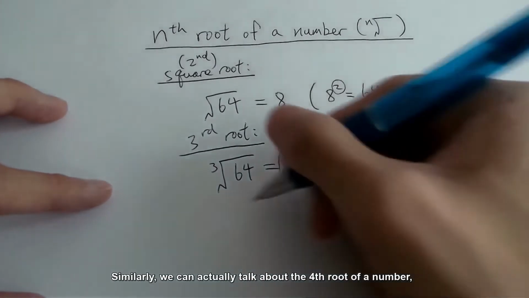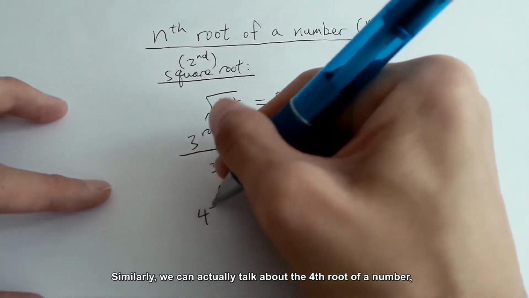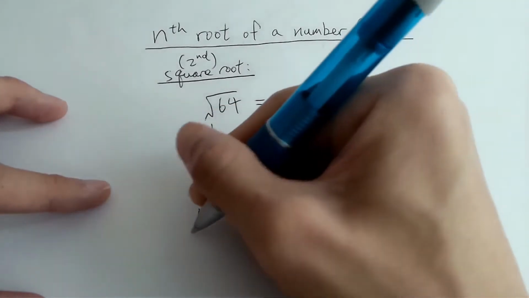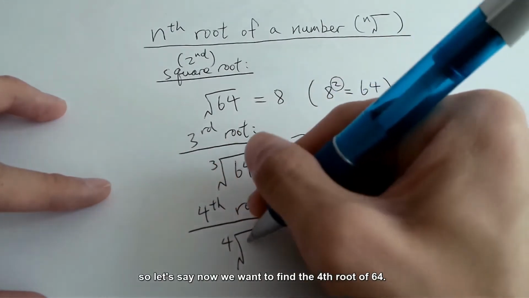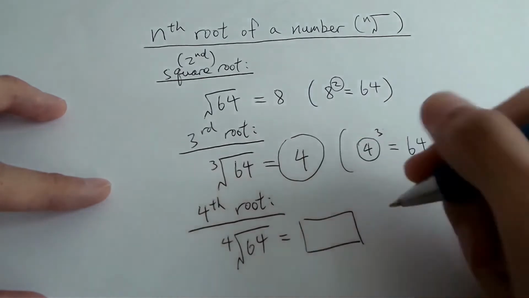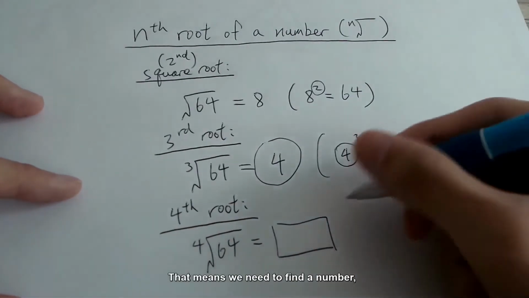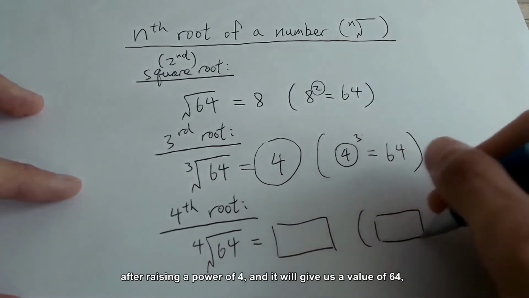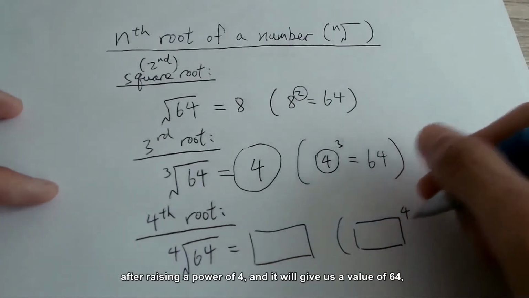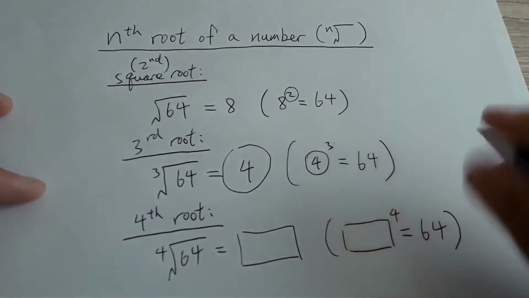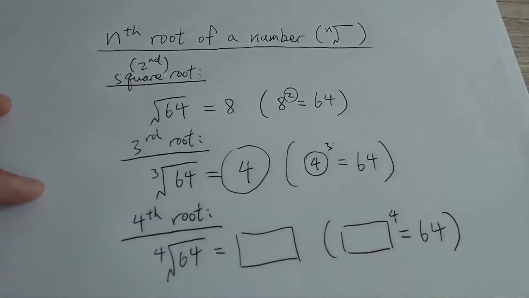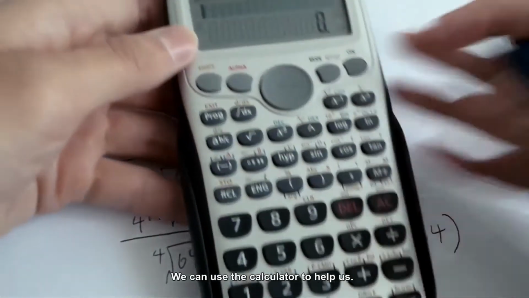Similarly, we can actually talk about the fourth root of a number. So let's say now we want to find the fourth root of 64. That means we need to find a number that, after raising it to a power of 4, will give us a value of 64. So what number should this one be? We can use the calculator to help us.